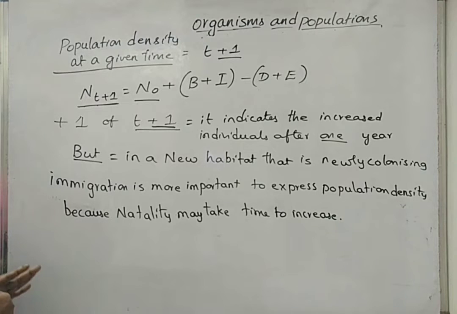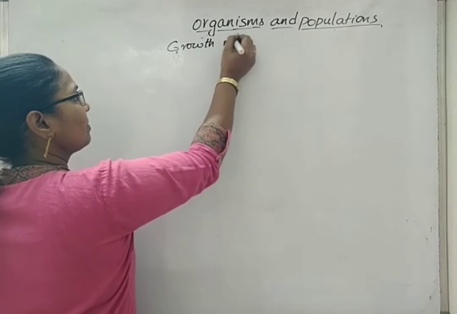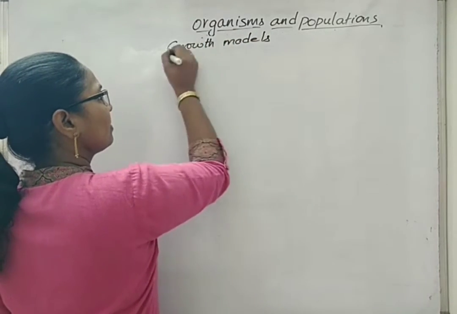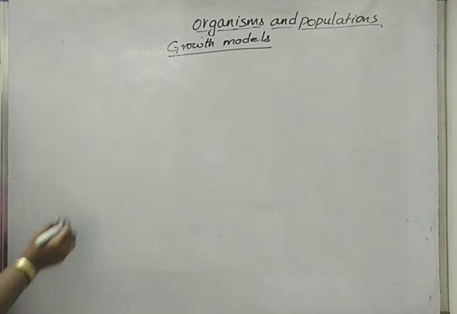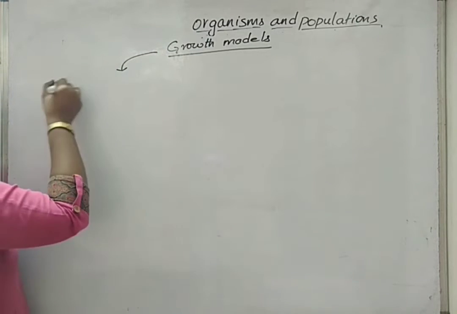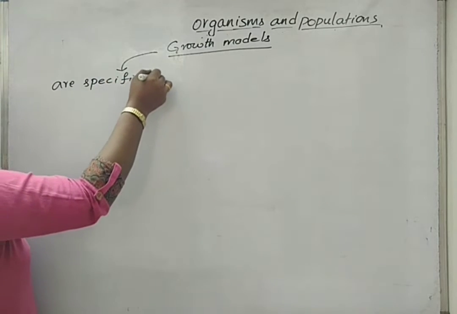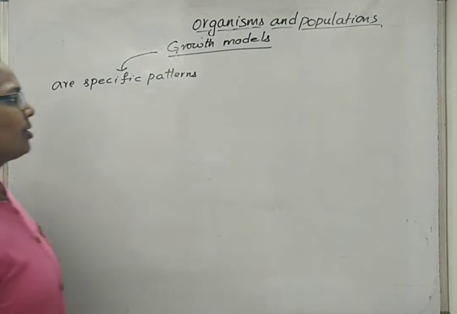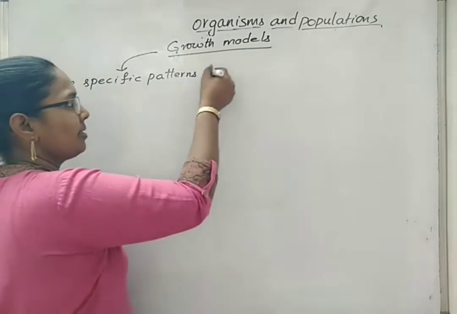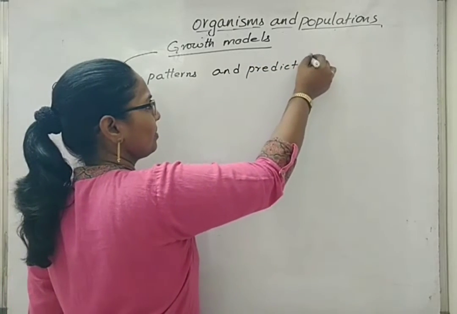We will see this one with different growth models now. The growth models to explain population density. What are these growth models? Growth models are specific patterns, or we can also say predictable patterns.